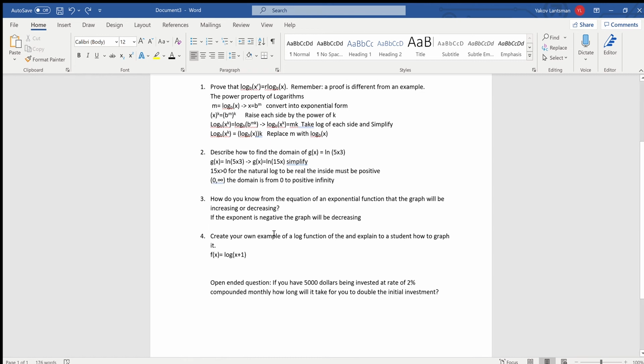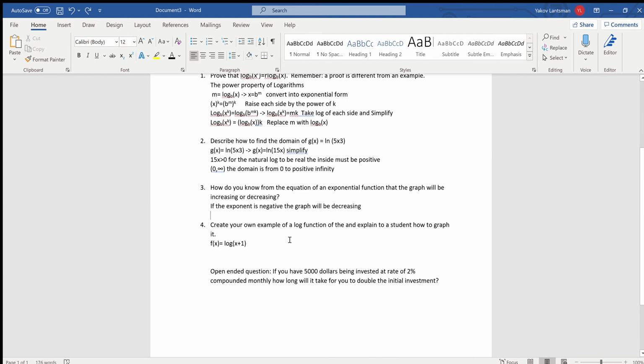Question number 4 is, create your own example of a log function and explain how to graph it. There are a couple of translations that we can do to the base log function. The base log function, log of x, or log base 10 of x, is always going to hit the x-axis at 1.